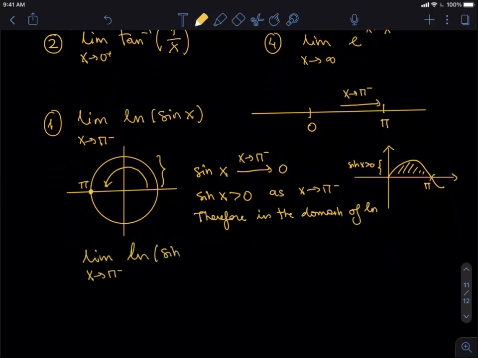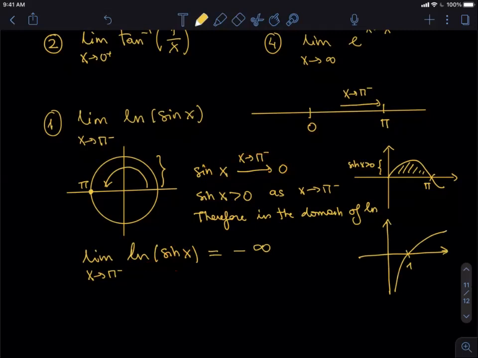Because we have that the sine of x, we wrote it here, goes to 0 as x tends to pi from the left. So this is going to 0, so the logarithm of 0 is going to be negative infinity. Remember the logarithm looks like this. This is just for the sake of explanation, it's not the solution properly speaking.